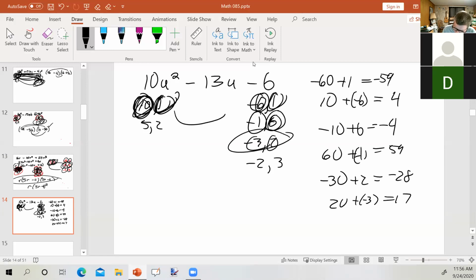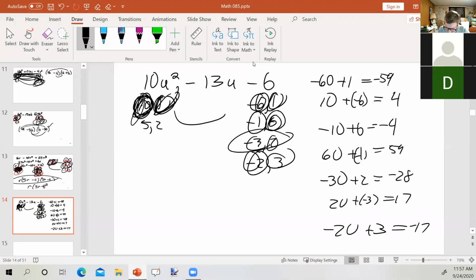Let's see here, have I skipped something? Maybe not. Let's see, 10 times negative 2 would be negative 20, 1 times 3 would be plus 3, that's negative 17.